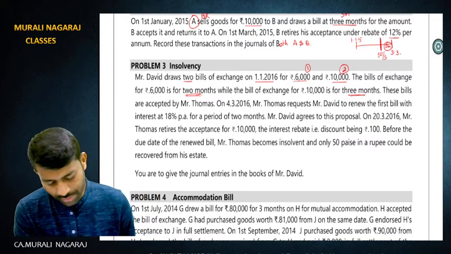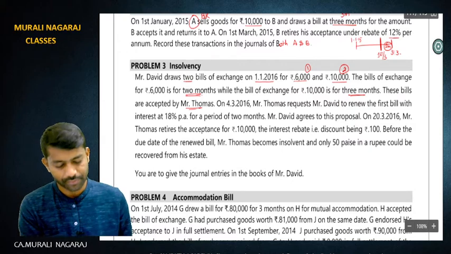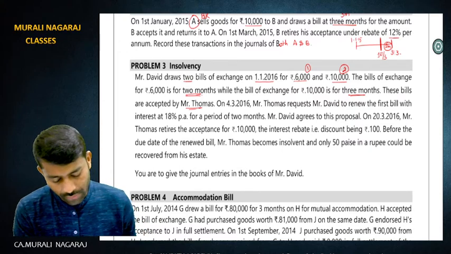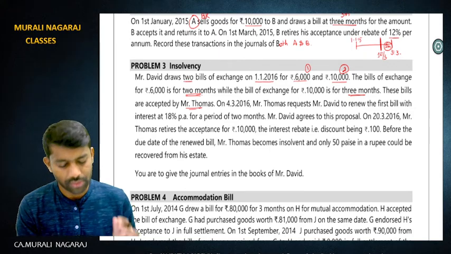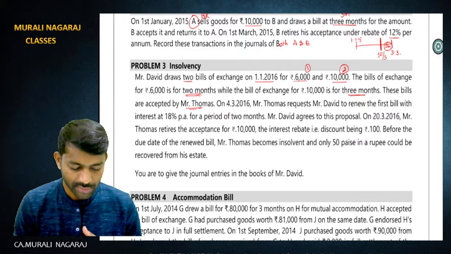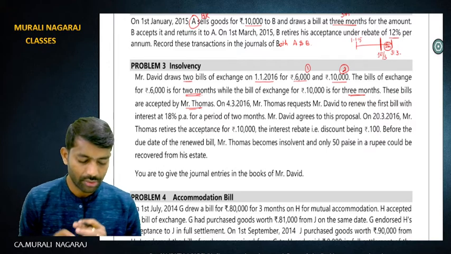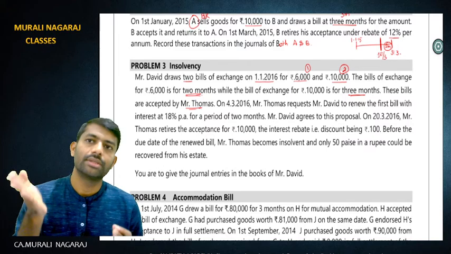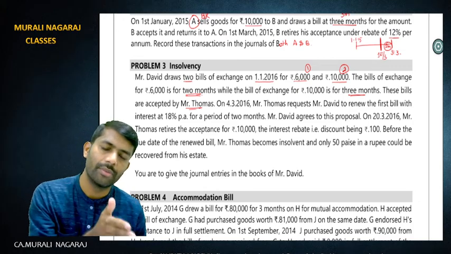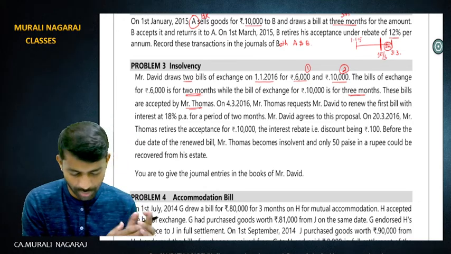These bills are accepted by Mr. Thomas. Now look out. The first bill, 1/1/2016 plus a 2 month duration: January, February, so that is 1/3. So it is March.